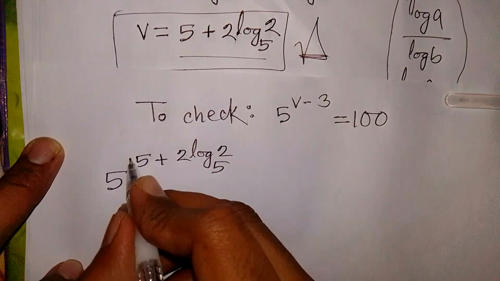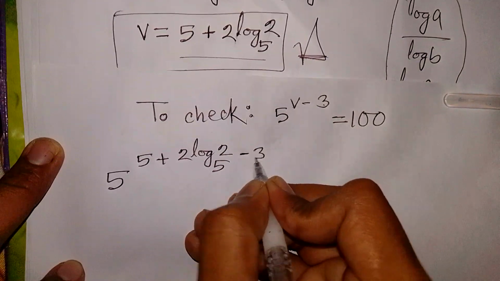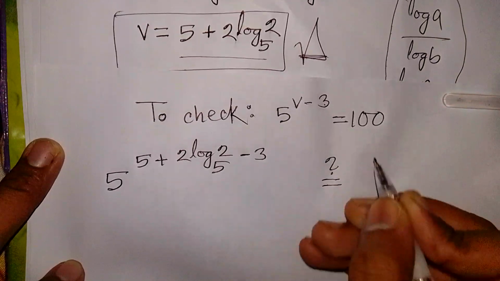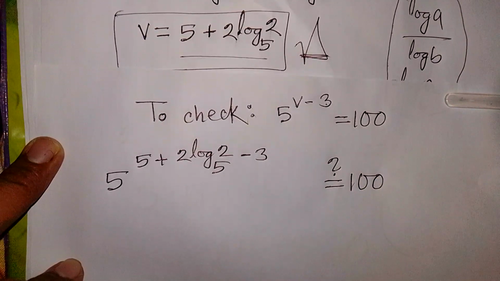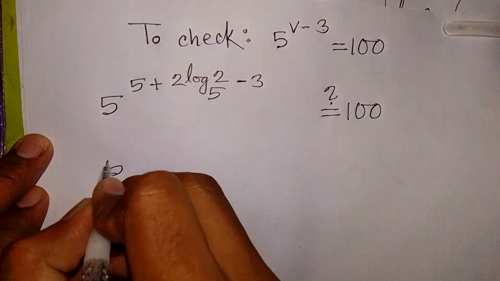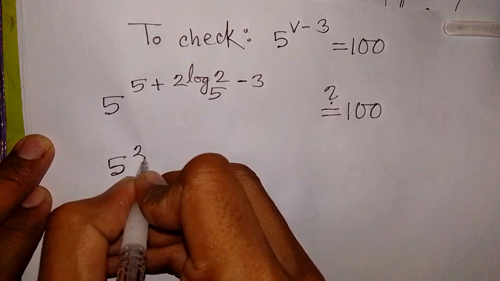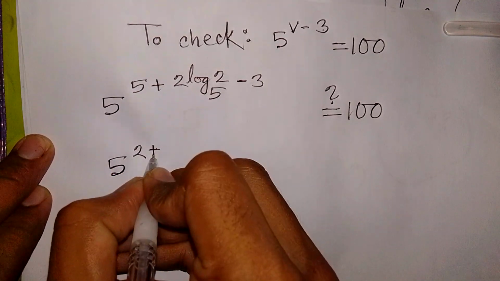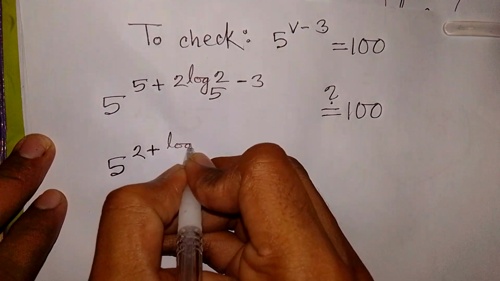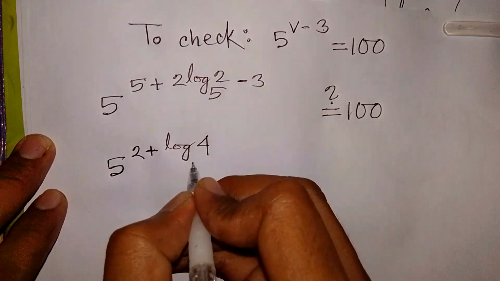So this is the value of v, then here minus 3. Is it equal to 100? In the next step, 5 power of here 5 minus 3 is the same as 2, here plus 2 log 2 base 5, which is the same as log 2 power 2, that means log 4 base 5.